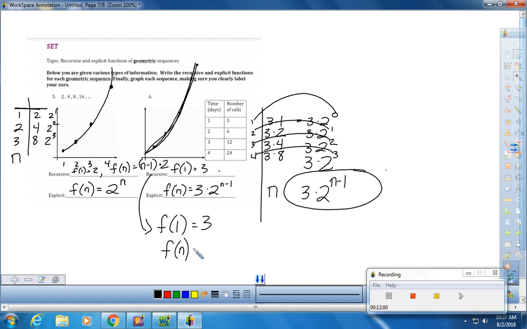F of n, well, to find n, what do we do to the previous one? You take n minus 1 and you double it again. So notice that these two things have the same recursive formula. They just start at a different point. This one starts at 3, that one starts at 2.